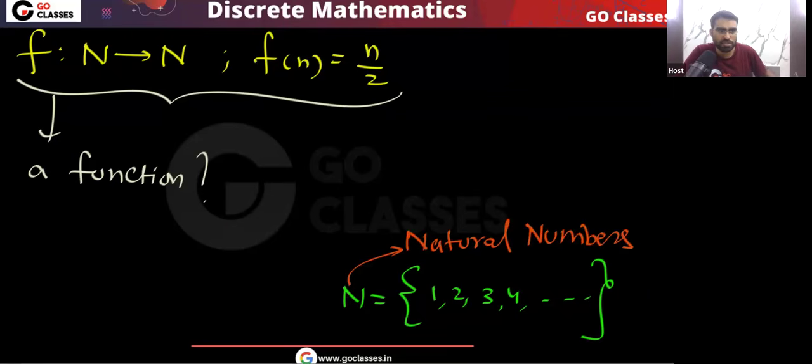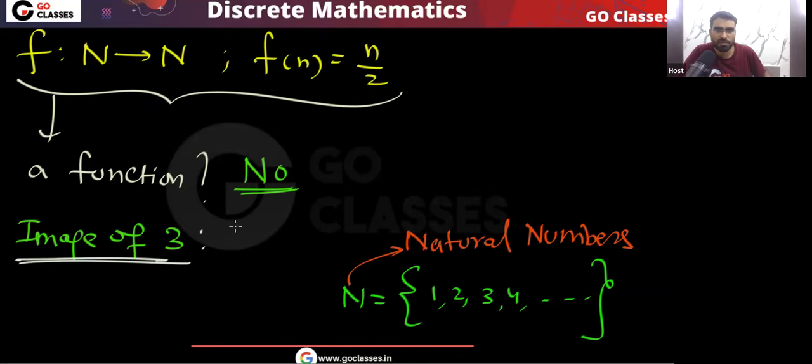So is this a function? The answer is no. This structure is not a function, because what is the image of 3? There is no image of 3, none. Yes or no?